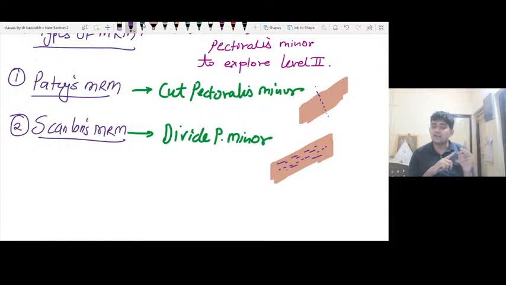Means in Pate's I was cutting perpendicular and dividing it into two parts, whereas in Scanlon's, just like in open appendicectomy, where we divide the external oblique, internal oblique fibers through the gridiron incision, similarly over here, along the longitudinal axis of pectoralis minor, we will split the fibers and then approach the level 2. That is called Scanlon's modified radical mastectomy.